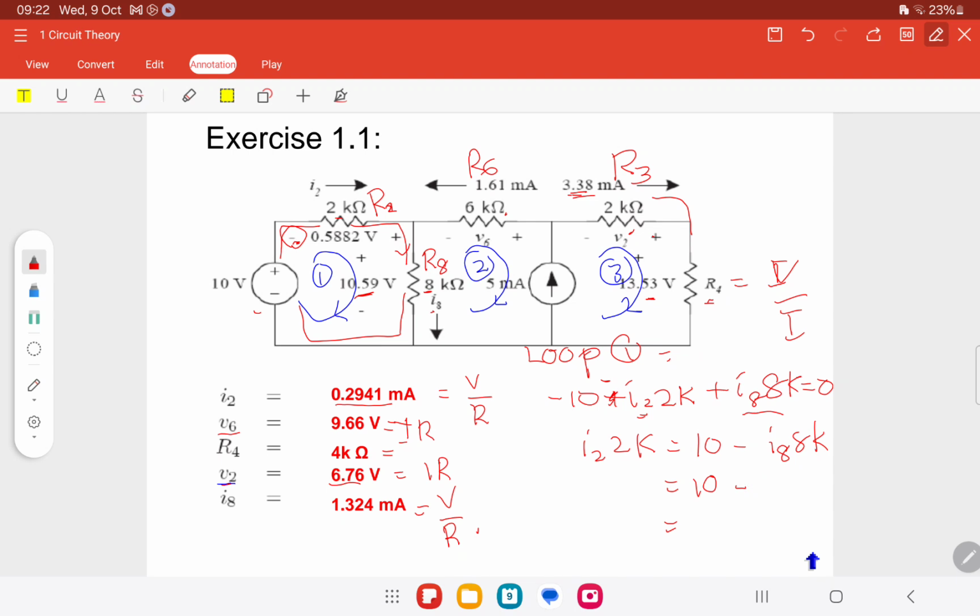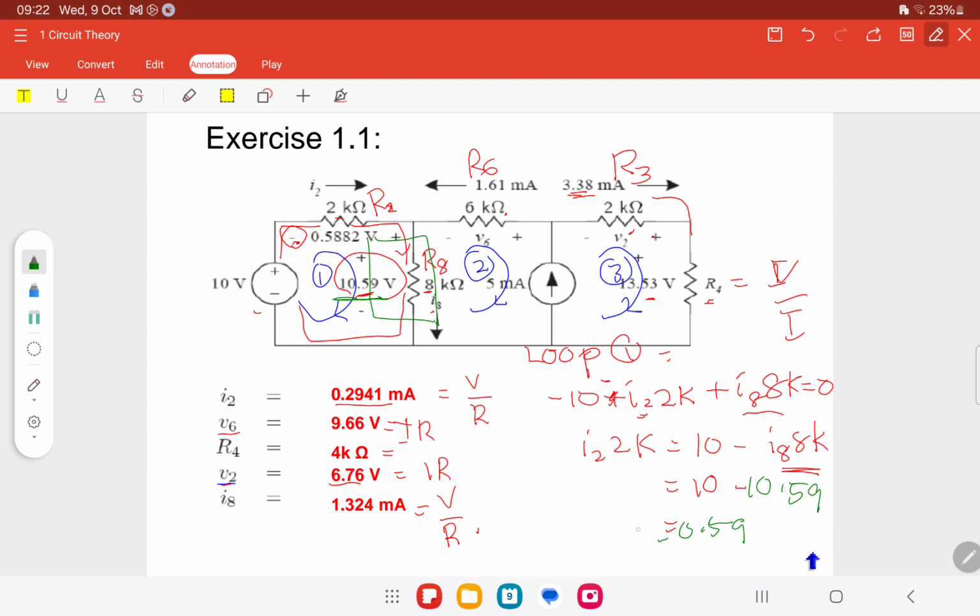Jadi yang ni 10 tolak this one. Sebab dia nak V ni kan. V dekat sini. V in here, in the green box. Which is equals to 10.59. Jadi dapat berapa? 0.59 kan minus.